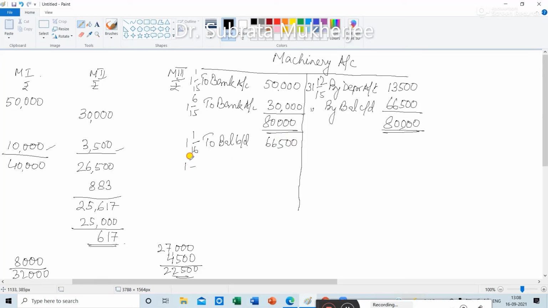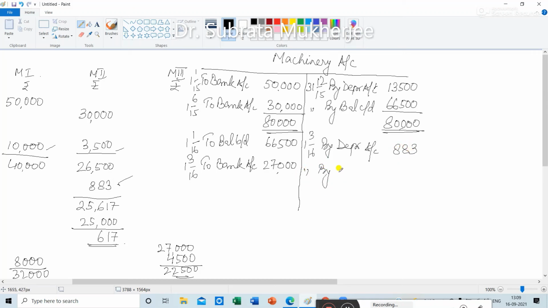Now on 1st March 2016, another machine was purchased, so I can write it here safely, to bank account 27,000. Now the second machine that was sold on 1st March 2016, you need to write first the amount of depreciation, which was rupees 883.